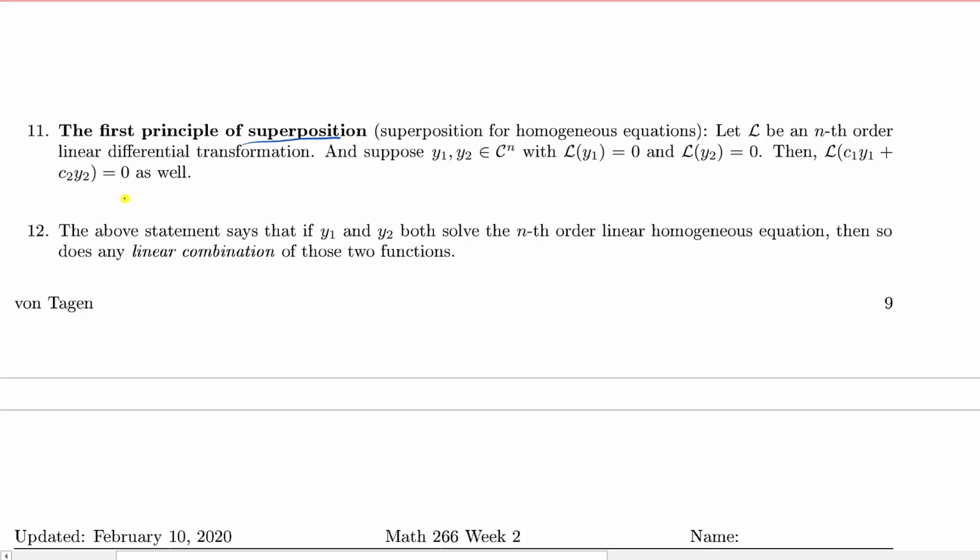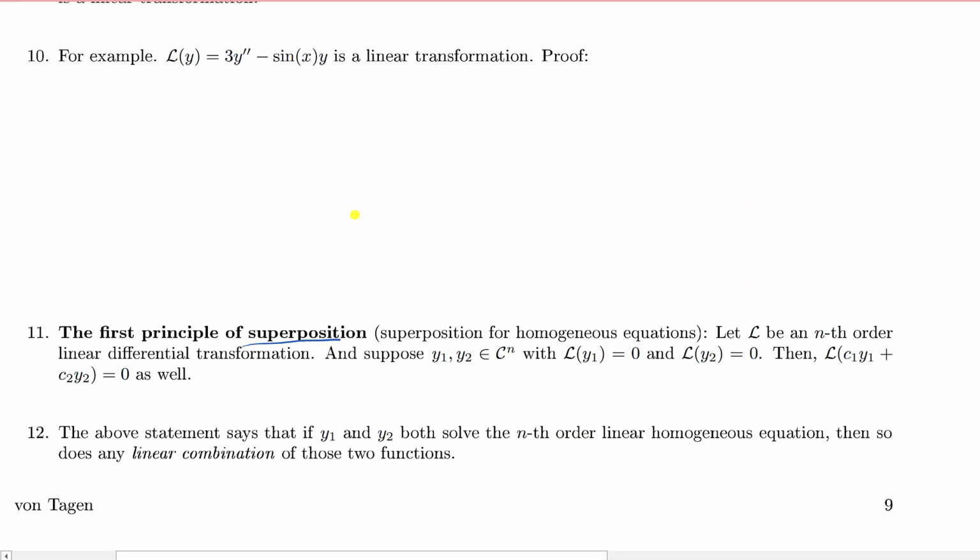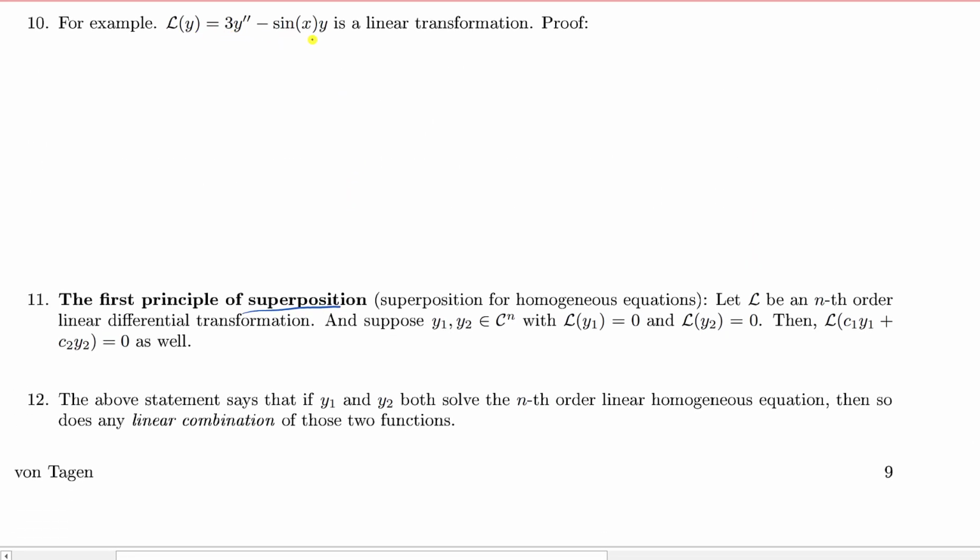a 0. Okay? So, for example, for our linear operator up here, when I say L of y1 is equal to 0, that's saying that 3y1 double prime minus the sine of x times y1 outputs a 0.